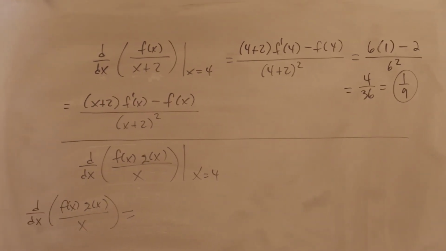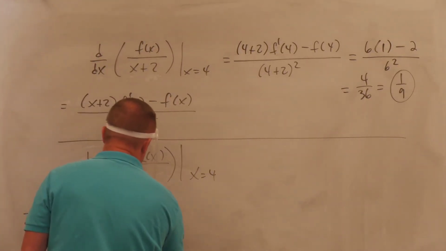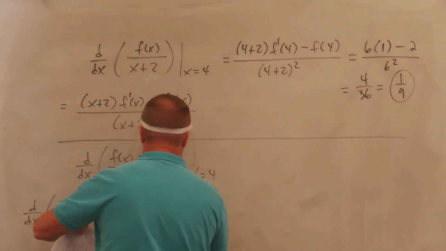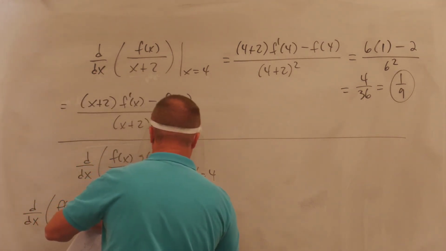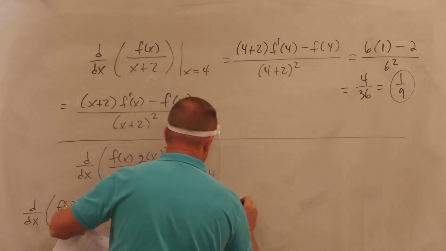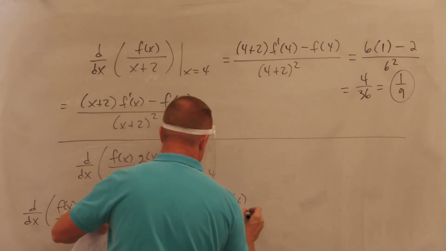Start with the bottom, times derivative of the top. Now the top is a product, so I got to use the product rule to differentiate the top. So the derivative of the first, f prime, times the second, g, plus the first times derivative of the second.